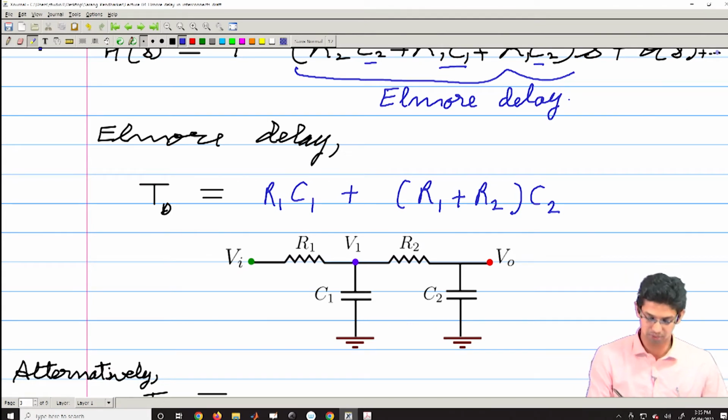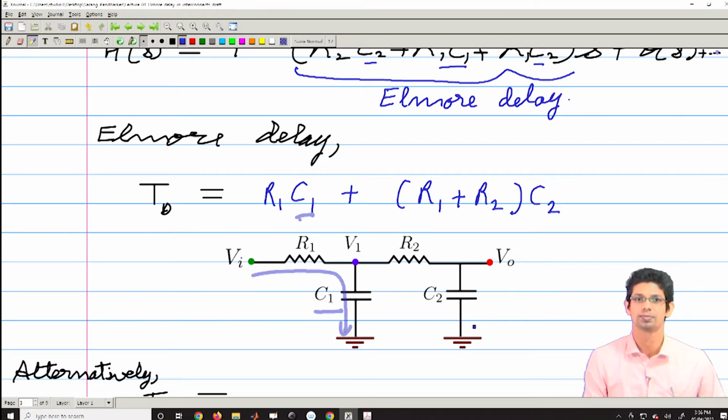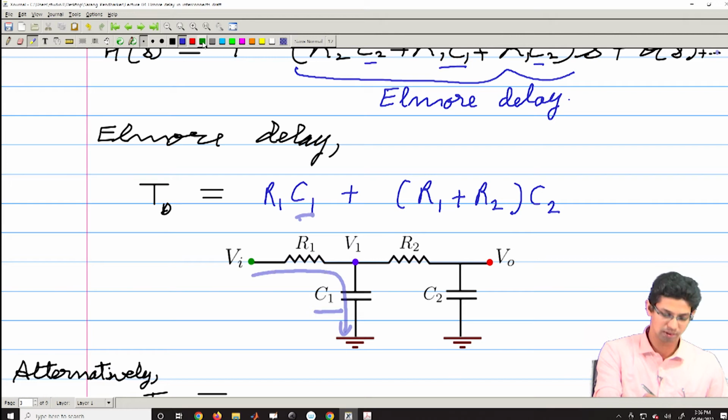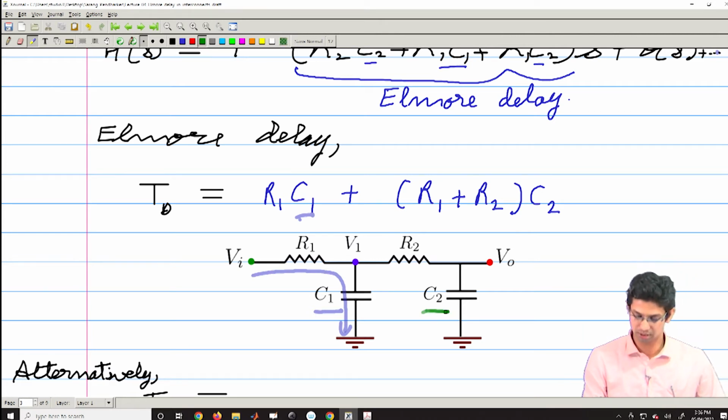So, if you look at this network, if I want to look at this delay, how can I analyze this? There is a first capacitance C1, and that C1 is multiplied by R1. So, there is a path like this. Then there is the second term which is C2, and there is a path like this. A way of looking at it is you have a capacitor C1 that is charged by the resistor R1. That is one component of your delay.